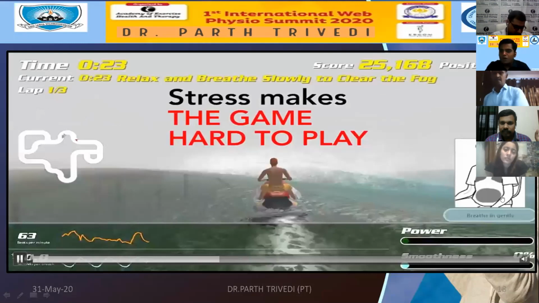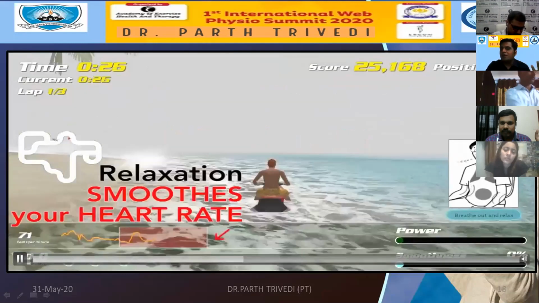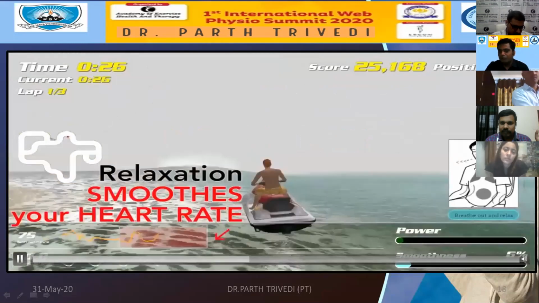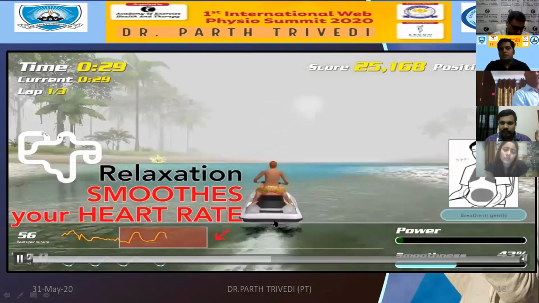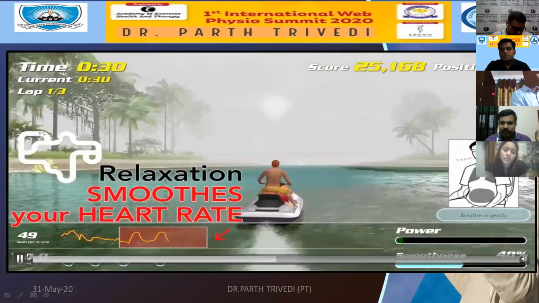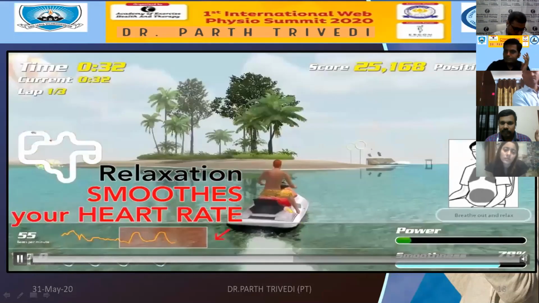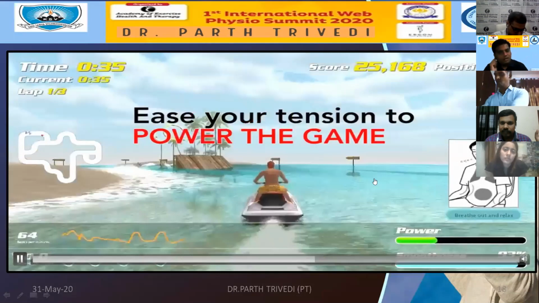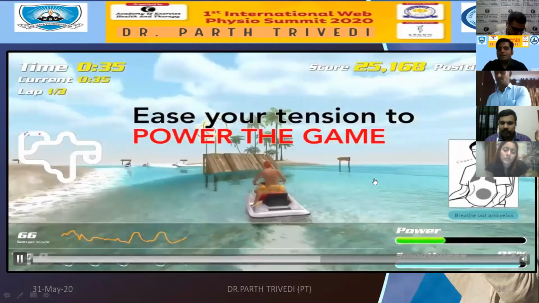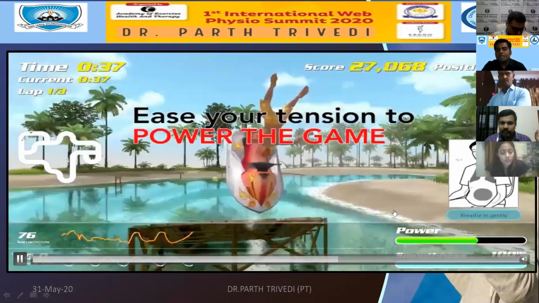Now on the right side, you are seeing breathing out and relaxation work. Based on the coordination with your heart rate and your breathing pattern, the game will change.